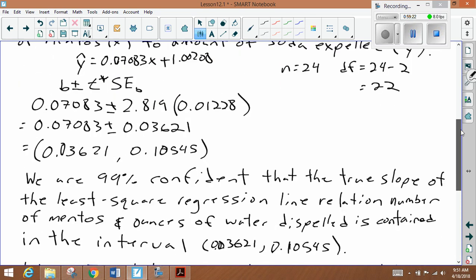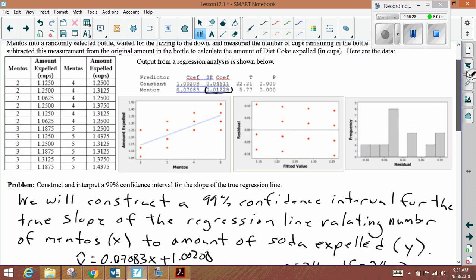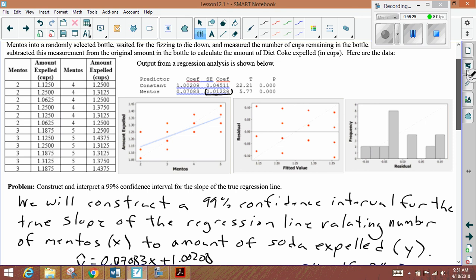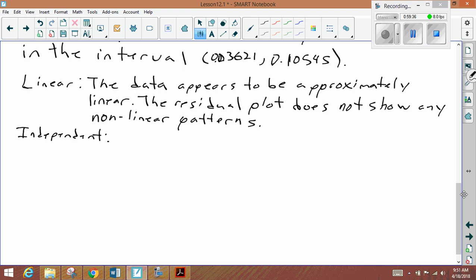Are our counts large enough? So each trial is indeed independent, and our number of Mentos, or number of trials, I always put this inequality in the wrong direction.